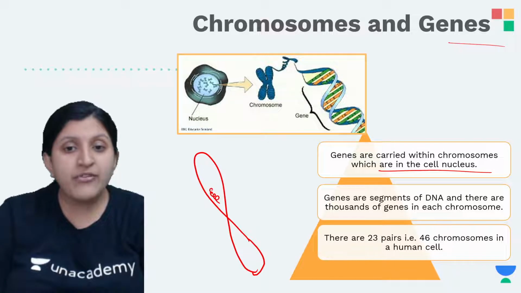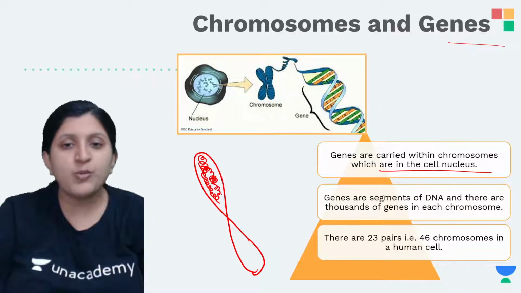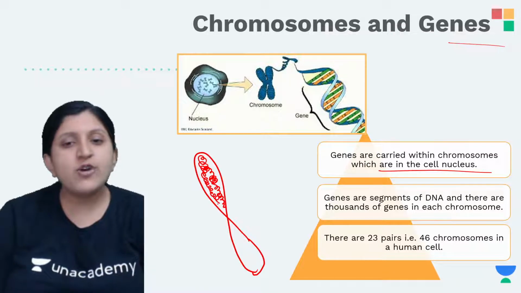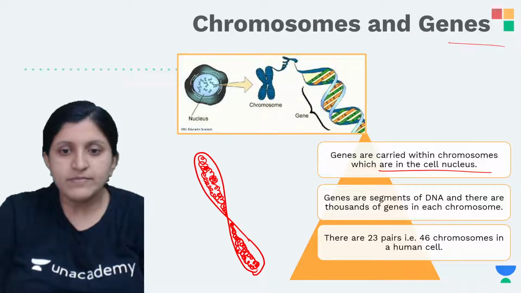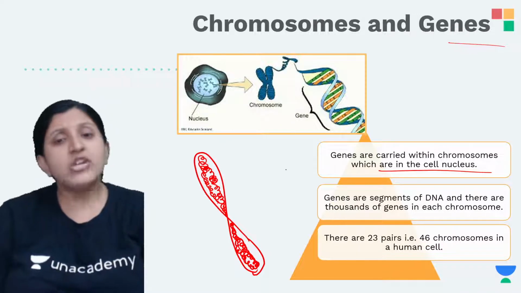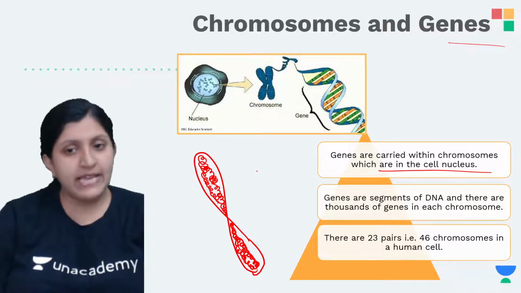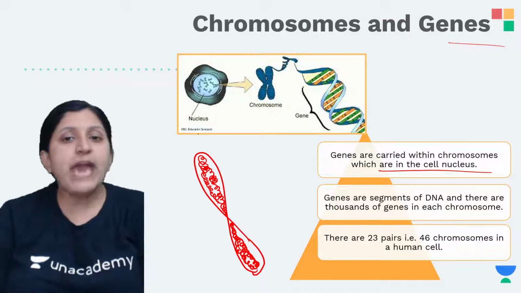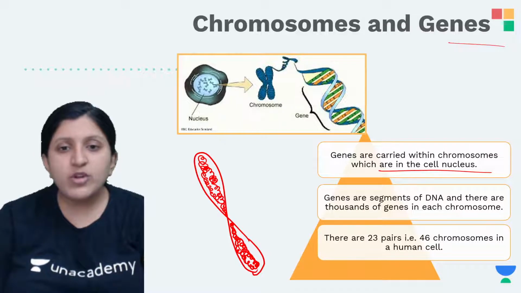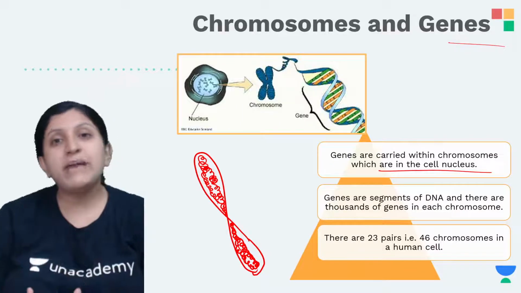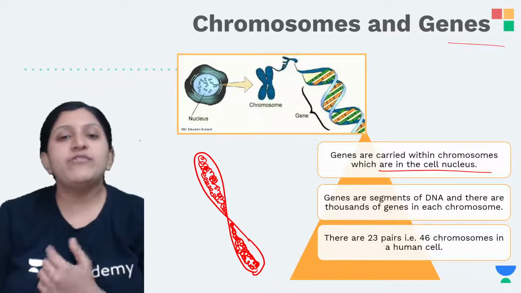You can find coiled and supercoiled DNA inside this chromosome, right? Now this thread that you see here might be a gene which might be coding for a specific feature.